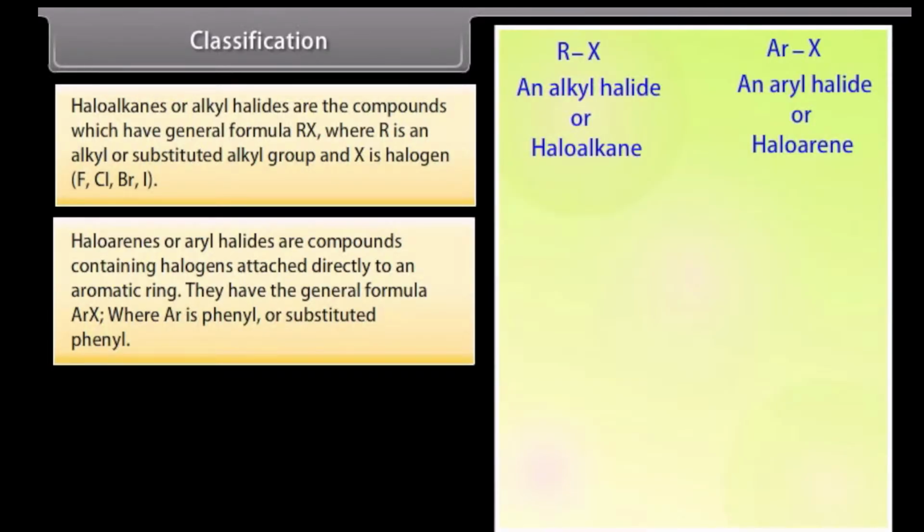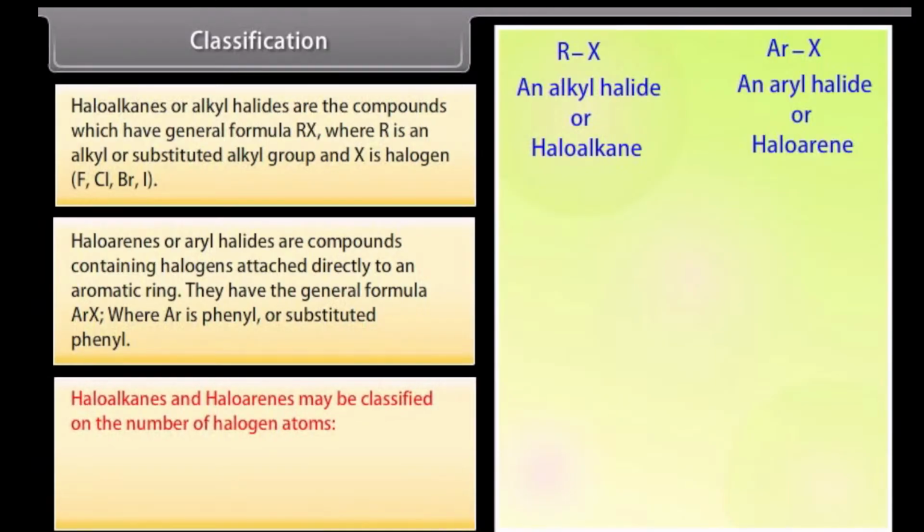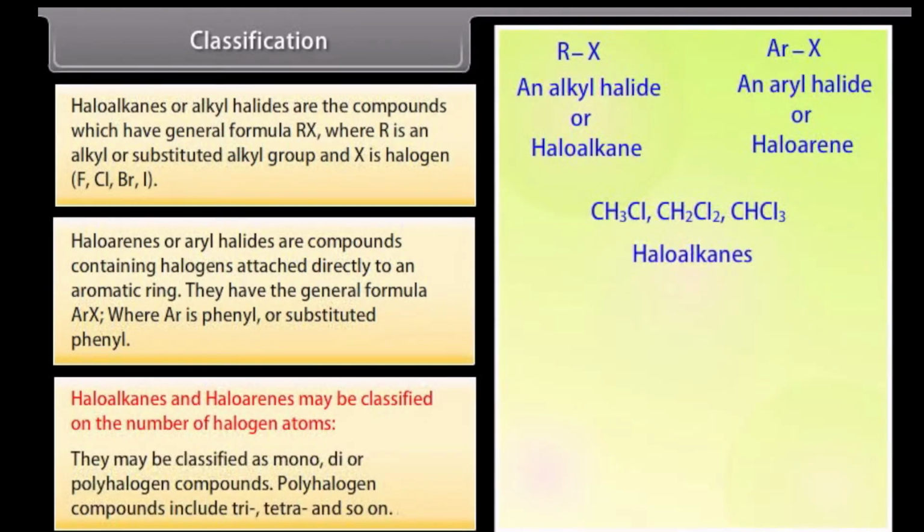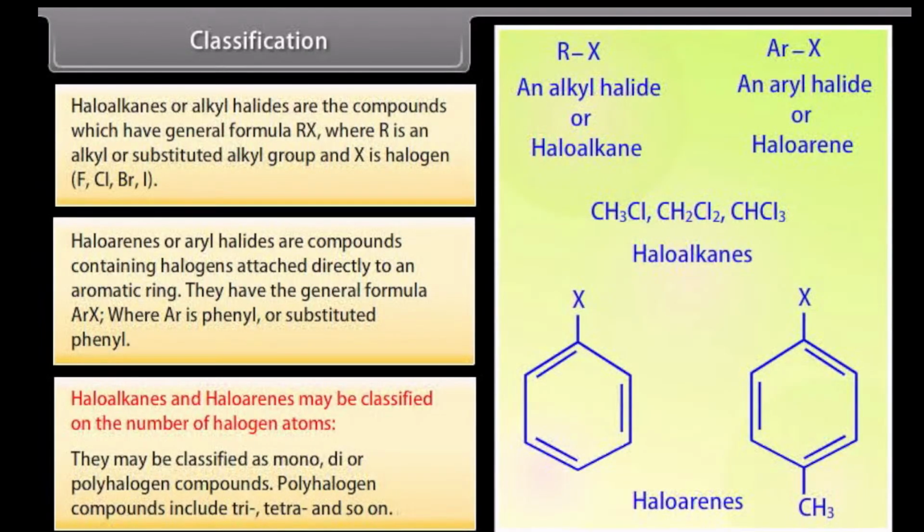They have the general formula ArX, where Ar is phenyl or substituted phenyl. Haloalkanes and haloarenes may be classified on the number of halogen atoms. They may be classified as mono, di, or polyhalogen compounds. Polyhalogen compounds include tri, tetra, and so on.